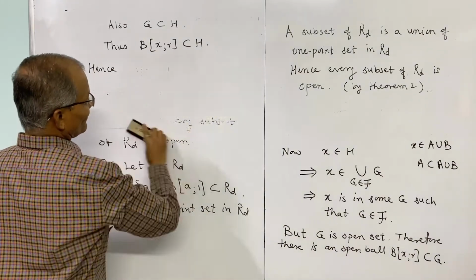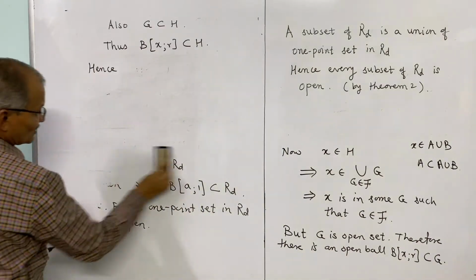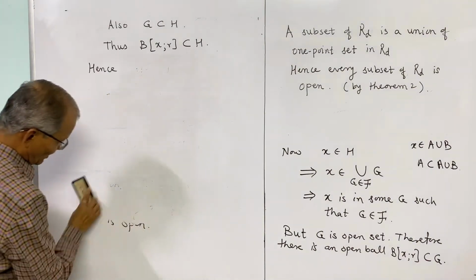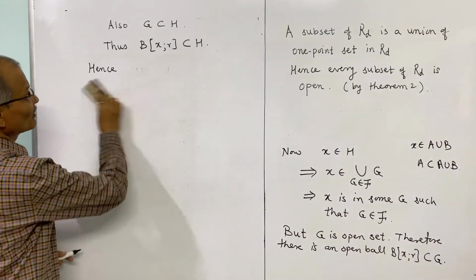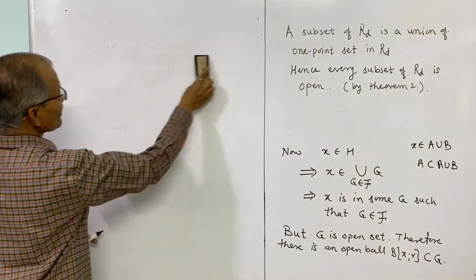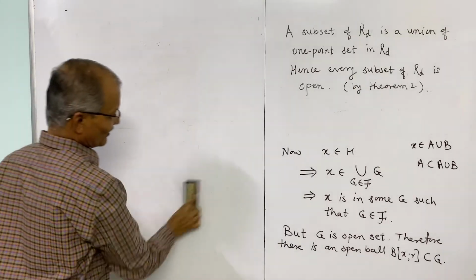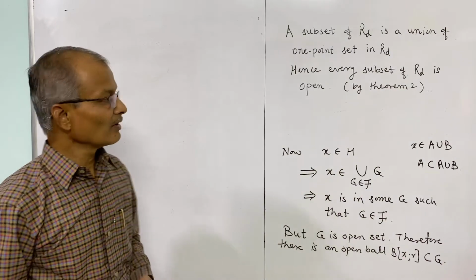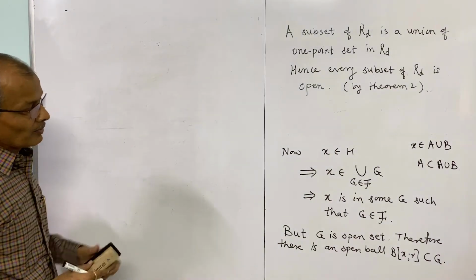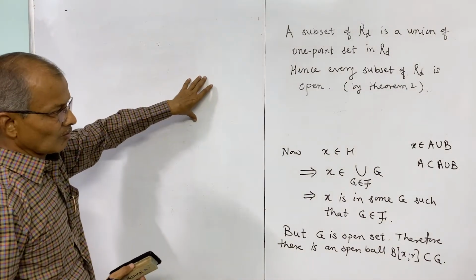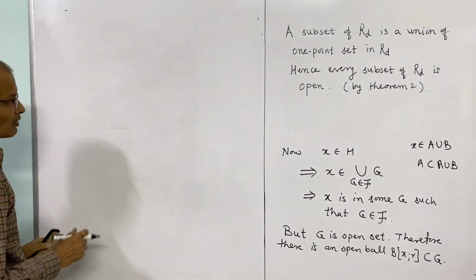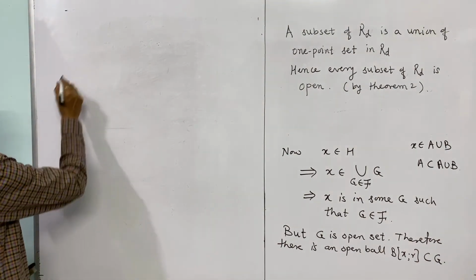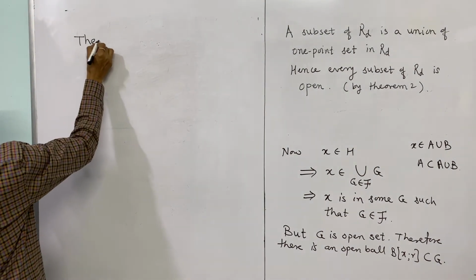Now we shall consider the next theorem, about intersection. We have considered the union of any number of open subsets, which is again open. Now we shall consider the result about the intersection as our theorem 4.